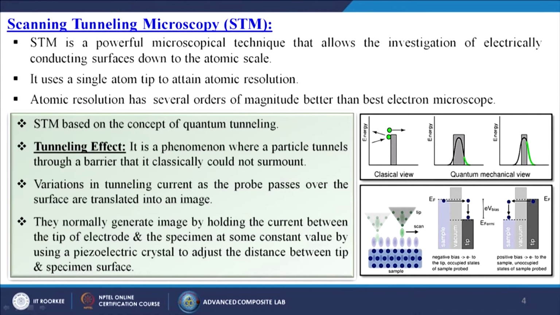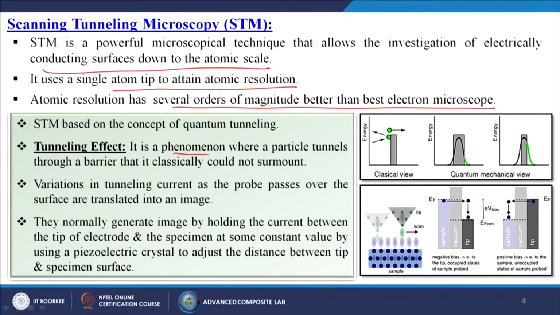STM is a powerful microscopical technique that allows the investigation of electrically conducting surfaces down to the atomic scale. It uses a single atom tip to attain atomic resolution, which is several orders of magnitude better than the best electron microscope. STM is based on the concept of quantum tunneling. What is the tunneling effect?